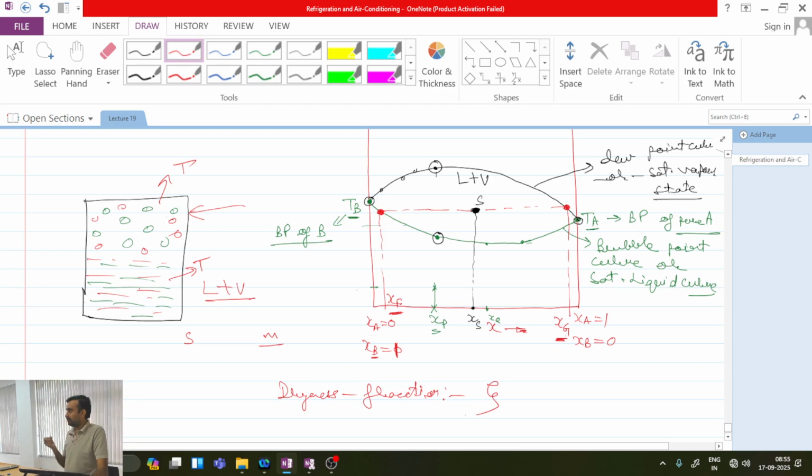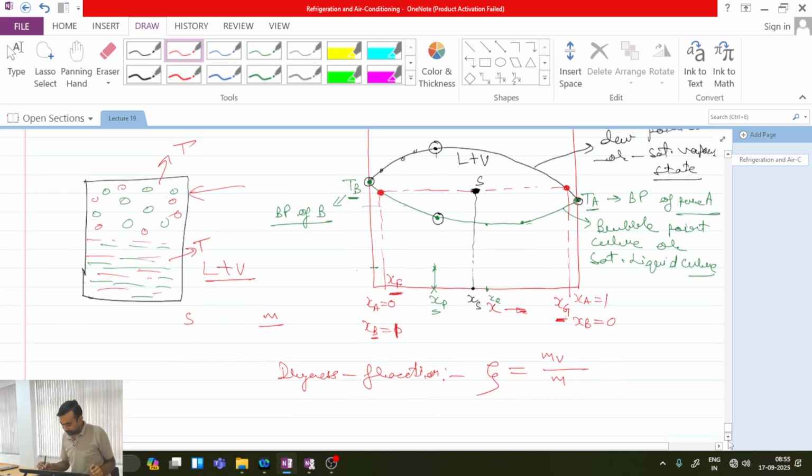Let me represent it with the symbol zeta. Dryness fraction is nothing but mass of vapor divided by total mass. Here I am not referring to the mass of species A or species B. I am referring to total mass.